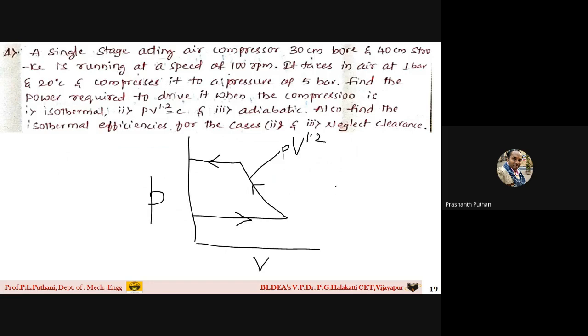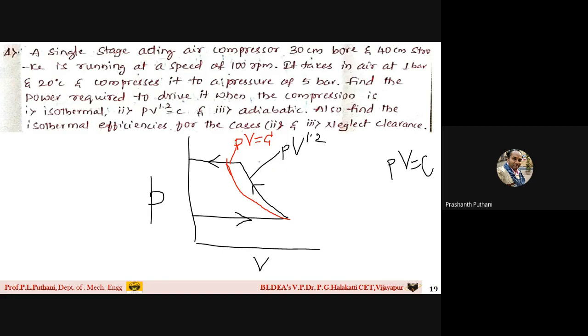For isothermal, what is the equation, students? It is P into V is equal to C. So I can write this curve now in this fashion. This red color is the isothermal process, that is P into V is equal to C. Then finally we have the adiabatic process.